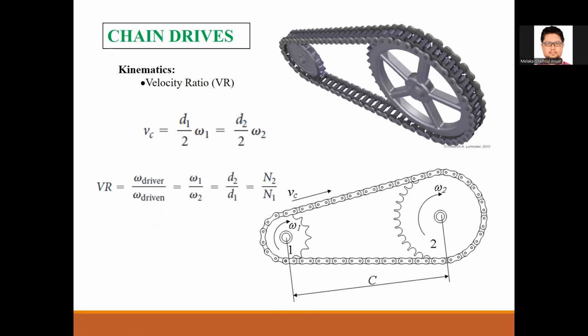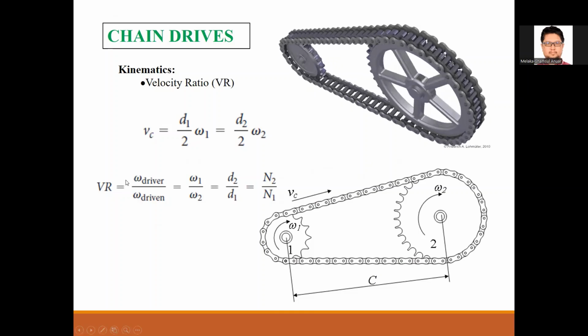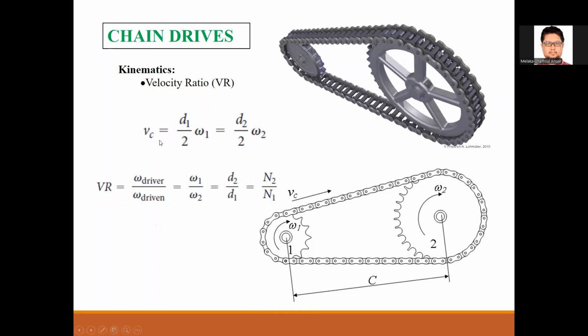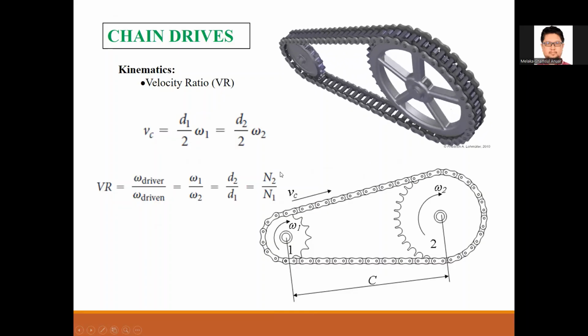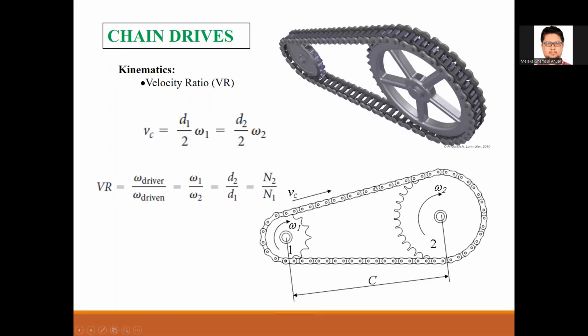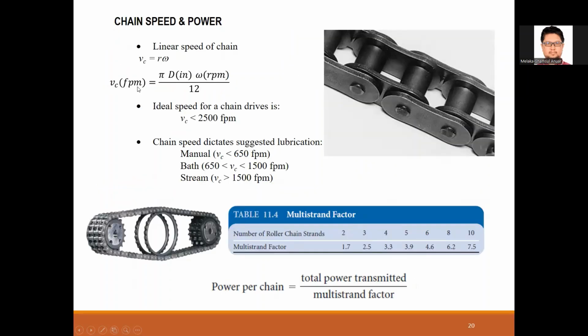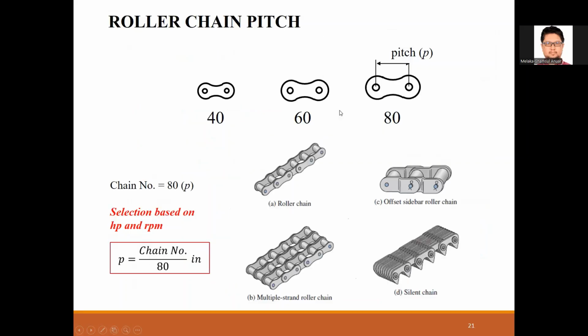So the chain, you need to also know the velocity ratio, and this is something that you can calculate, the VC. This is VC in FPM, and usually you want to limit it to 2500 FPM. Okay, so there'll be some ranges that you can either choose to work with chain or to use belt.